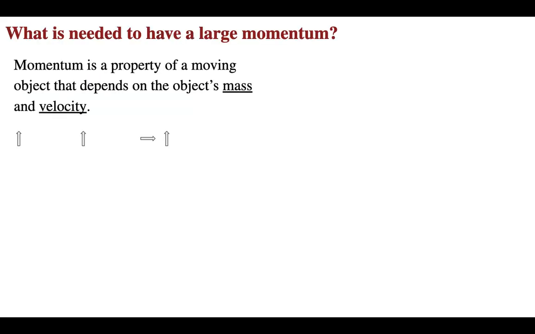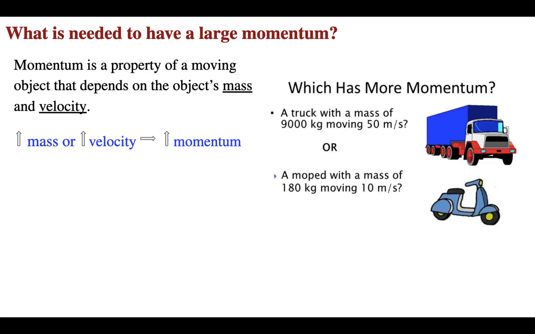All right, in order to have a large momentum, you want to have a large mass or a large velocity. Those are the two factors that come into play here. Here I've got a truck that's got a 9,000 kilogram mass and moving 50 meters per second, compared to a moped that weighs 180 kilograms moving at 10 meters per second.